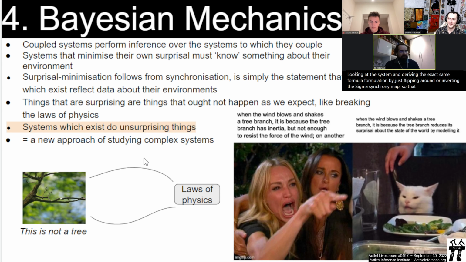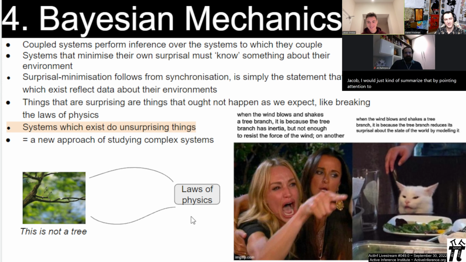So that's one of the, I believe, central ideas of Bayesian mechanics. Jakob? I would just summarize that by pointing attention to the image on the slide.